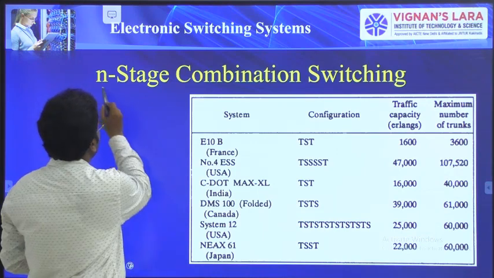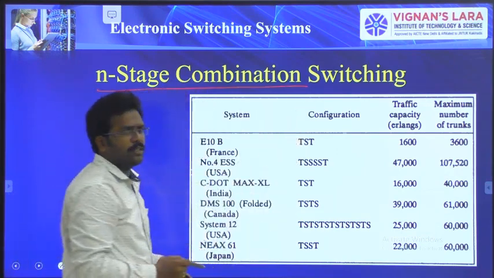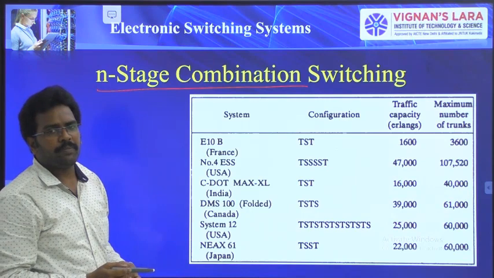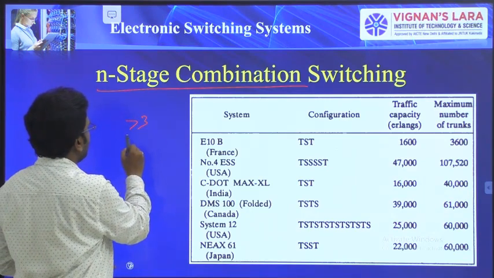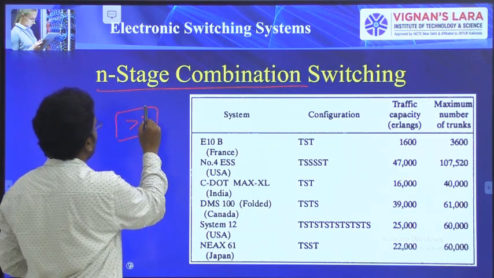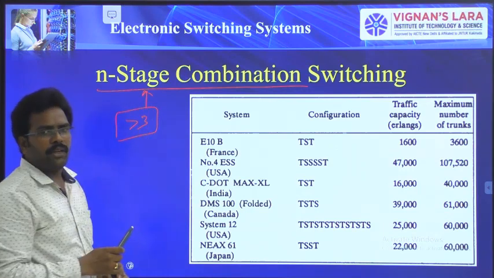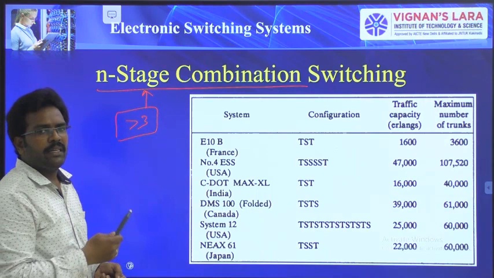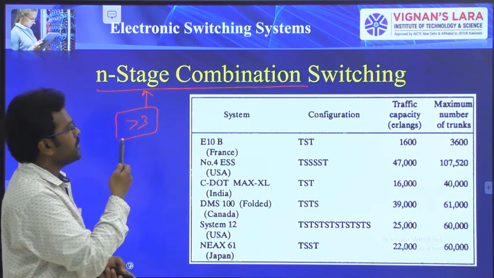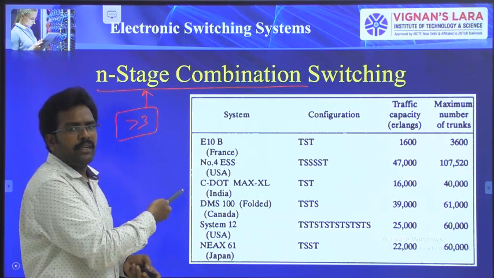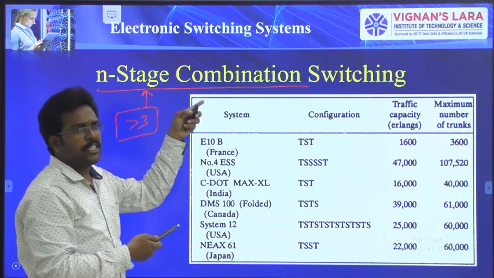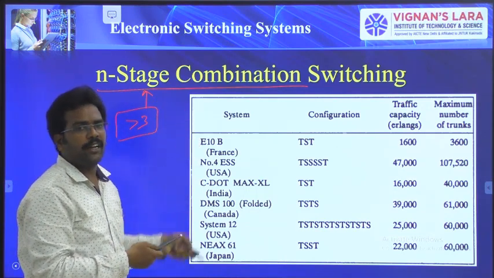And the next one is the n-stage combination switch. If the number of stages is greater than 3, we can call it an n-stage combination switch. So this is one example where you can see different n-stage combination switches used in different countries.